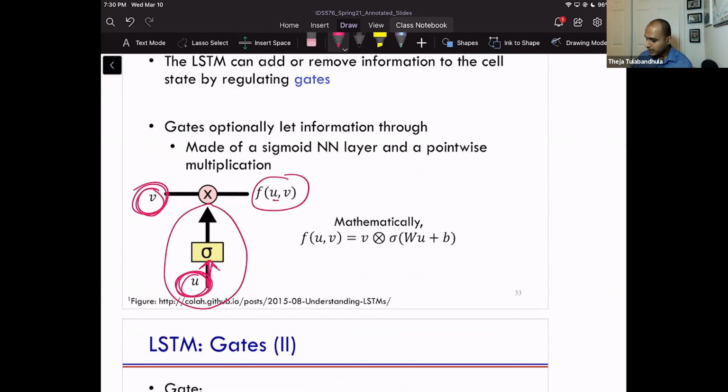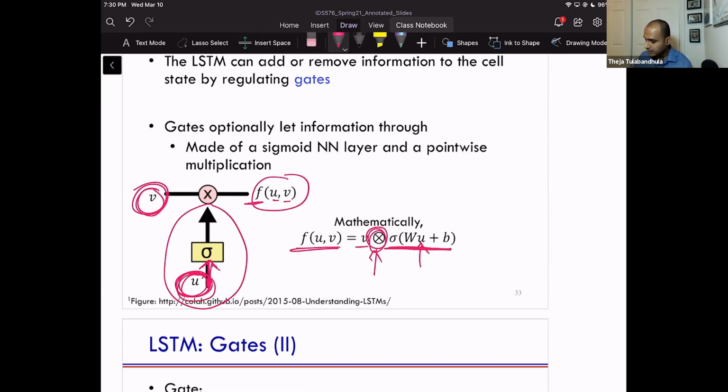Given those two vectors, I get an output. So what is that output? That output is basically v element-wise. By the way, the circle with a cross in between is going to be an element-wise multiplication. Element-wise multiplication with the sigmoid transformation of the other vector u.